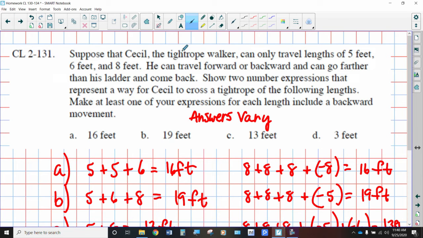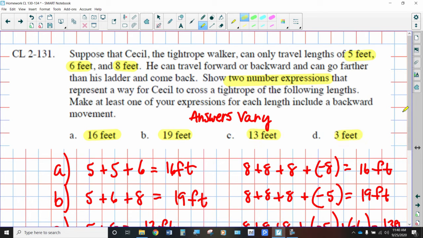All right, suppose Cecil, the tightrope walker, can only travel lengths of 5, 6, and 8 feet. So he could travel forward or backwards, which means you can add or subtract, or add a negative, any of those distances. Show 2 number expressions that represent a way that Cecil could walk the tightrope for these given lengths here.